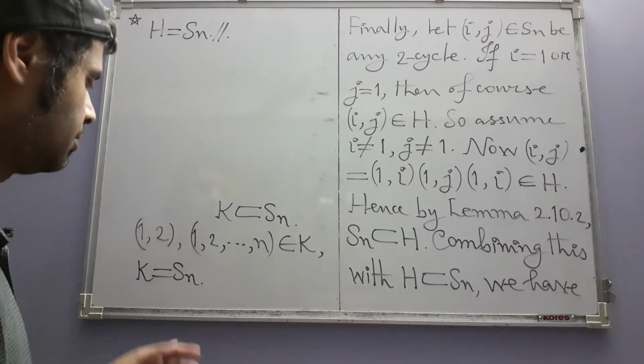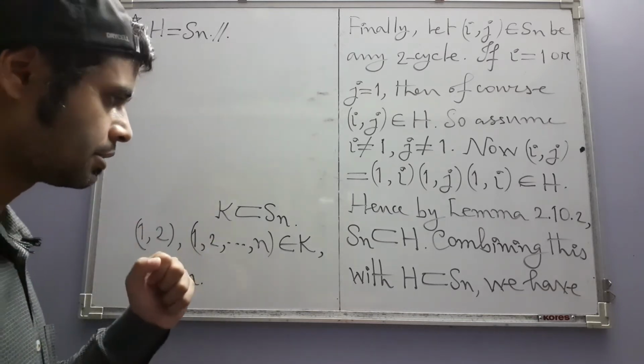Why is that so? That is because this is our tau and this is sigma.